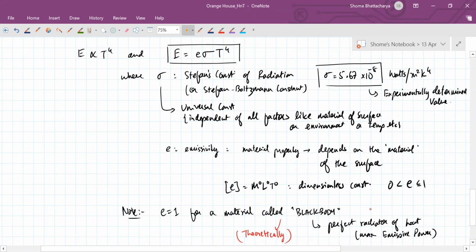In practical physics, we have materials like lamp black and certain forms of copper, certain forms of carbon, which are very, very close to e equal to 1, like 0.998, but nothing has perfect emissivity of e equal to 1.